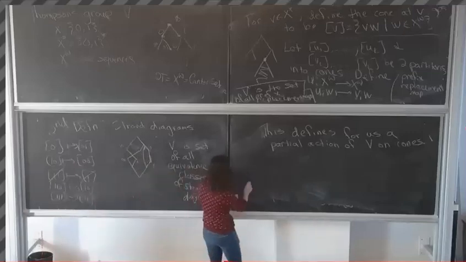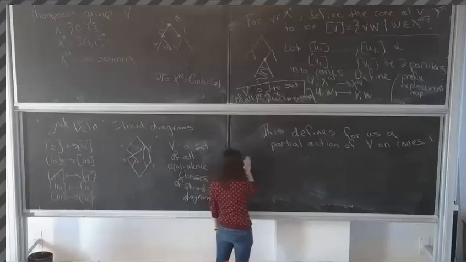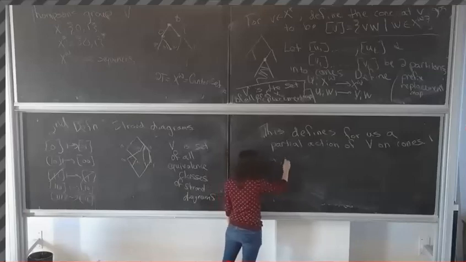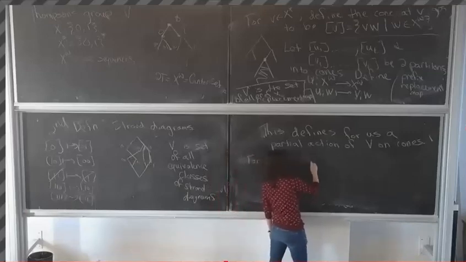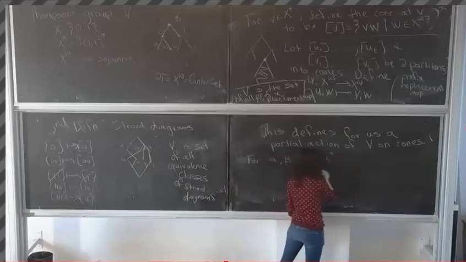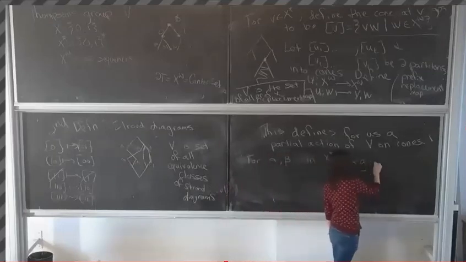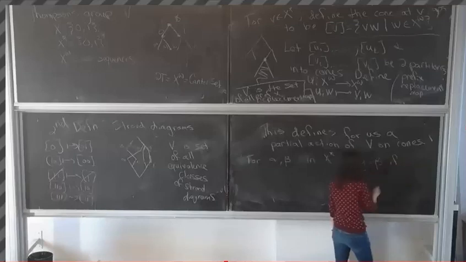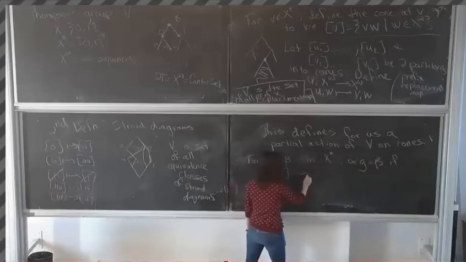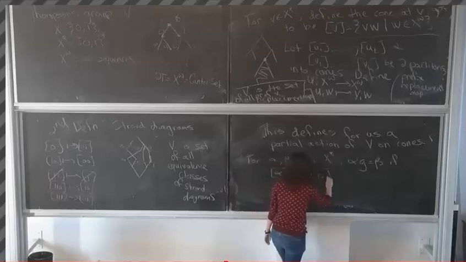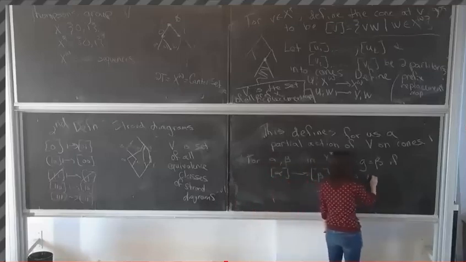But what we'll say here is, to define this action, for alpha and beta, say finite sequences in X star, we'll say alpha G equals beta if the cone at alpha maps to the cone at beta by G via a prefix replacement.